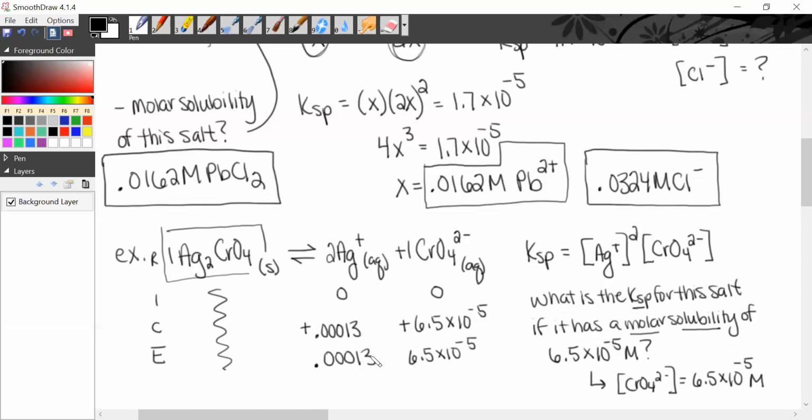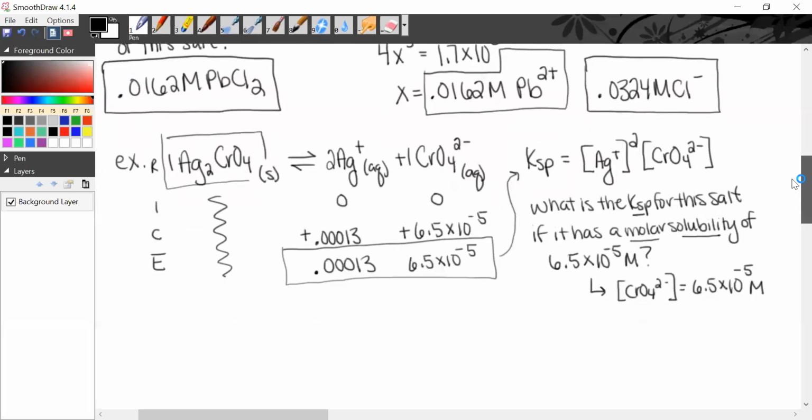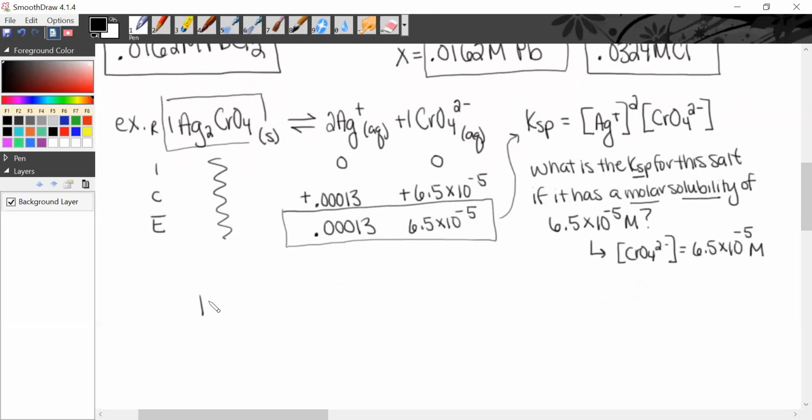Do your RICE table. Once you know your molarities of your ions at equilibrium, then you can take these values and just plug and chug into your Ksp expression to solve for the Ksp of this salt. So the Ksp is going to be equal to the silver concentration, 0.00013.